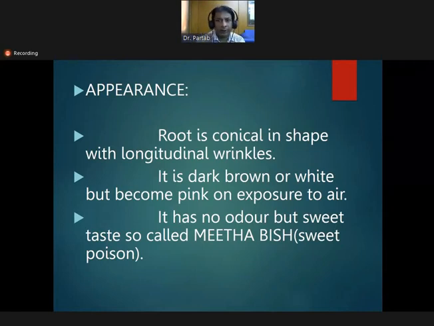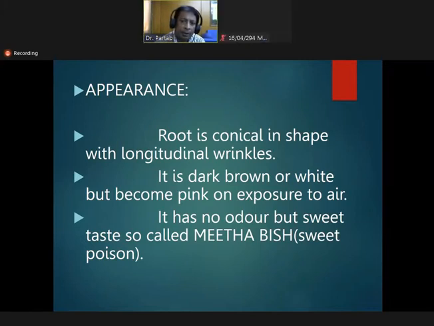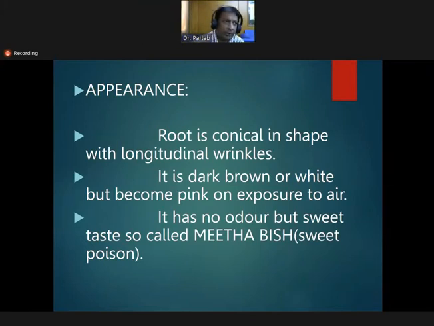The root is conical in shape with longitudinal wrinkles, longitudinal lines present. It's a very hard root. It is dark brown or white, but becomes pink on exposure to air, when it oxidizes. It has no odor, but is very sweet in taste.